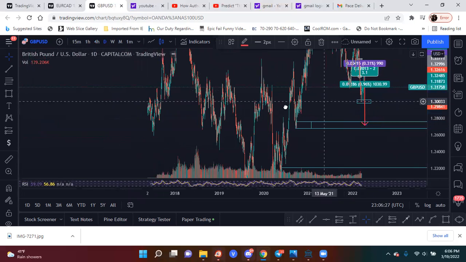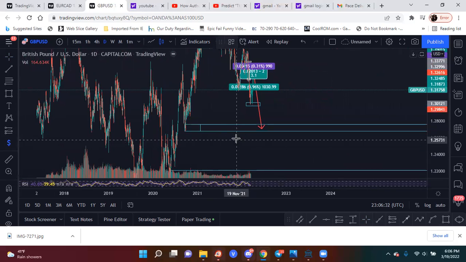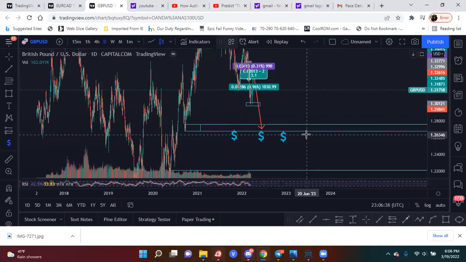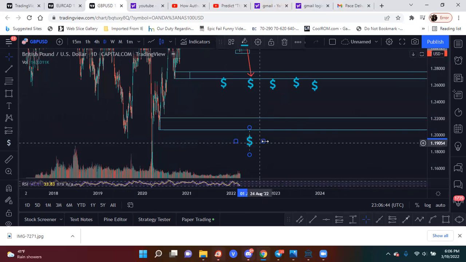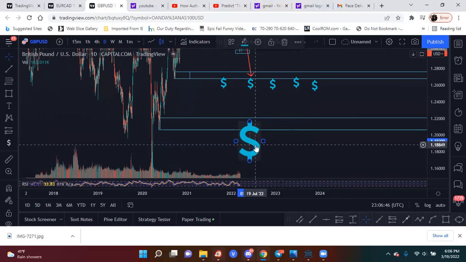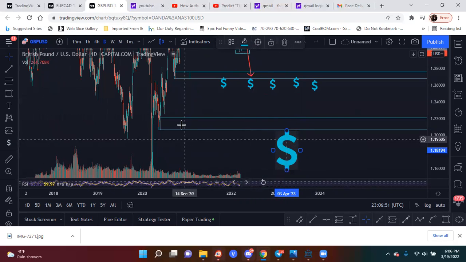Let's go to the daily. So do I really want to come down to this zone where the money is really at? There is so much liquidity sitting on this order block. But ultimately, there is super duper, and I said it just like Barney, super duper money sitting on this order block too.